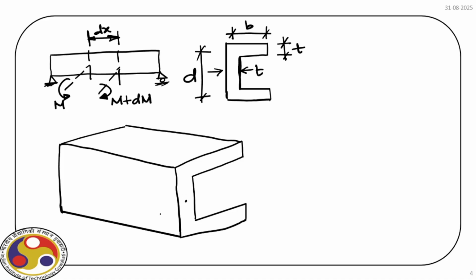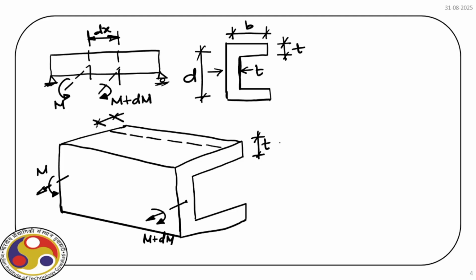Obviously, at this section, we have applied the bending moment, which is M plus dM. And at this section, at the left end, we apply M. So this is the thickness t, and let us consider a small strip. Now this distance is z.